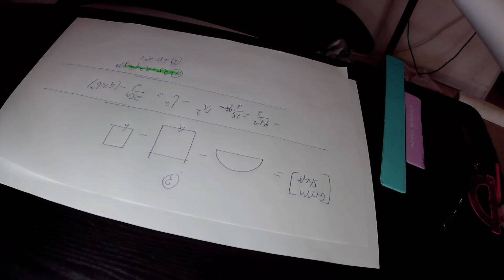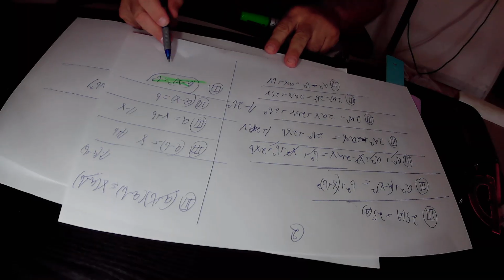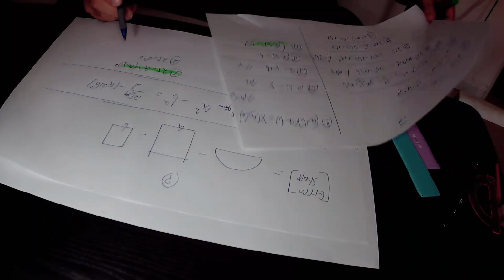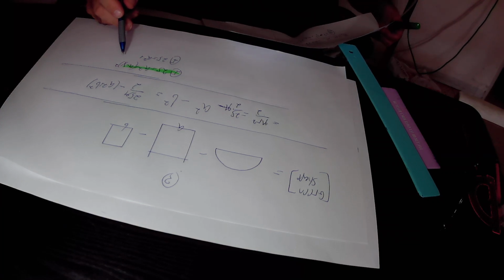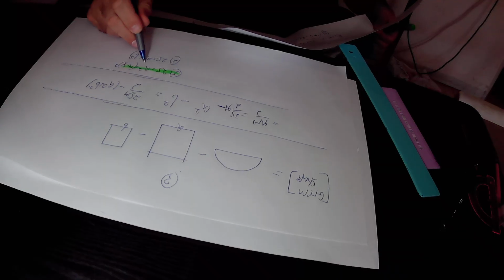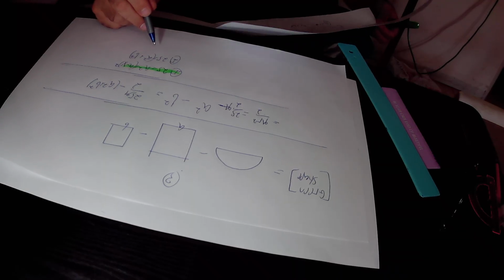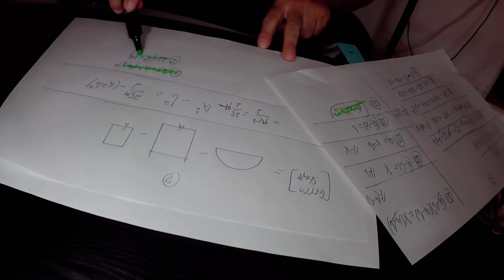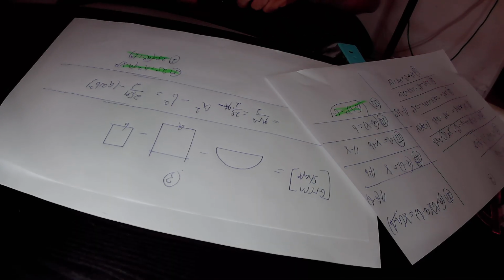But we already found out that (a minus x) squared equals b squared. So we can substitute (a minus x) squared in this equation 1 by b squared. So in total we found out that a squared plus b squared equals 25. Again, we found out that a squared plus b squared equals 25.